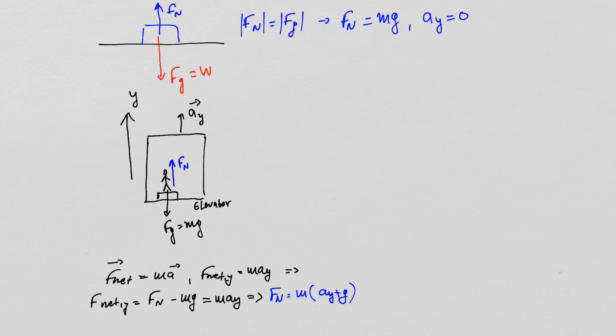So, if the elevator is moving vertically up with some acceleration, the reading on the scales will be different than the reading when the scales aren't accelerating vertically. The reading here will be wrong. What this reading is called is apparent weight.